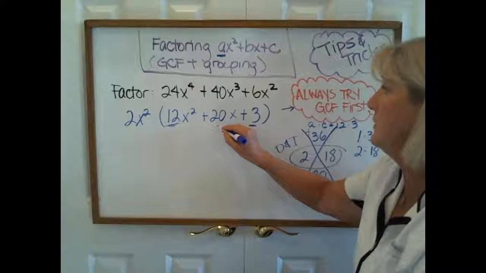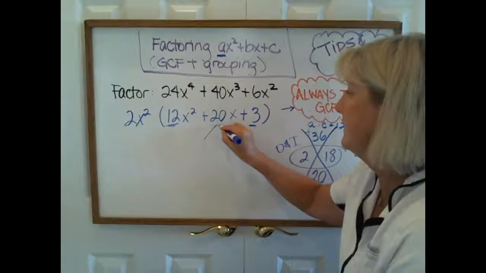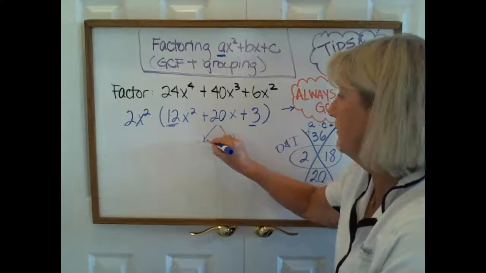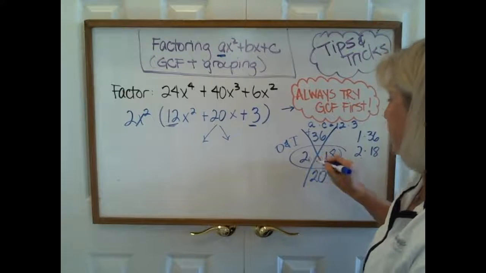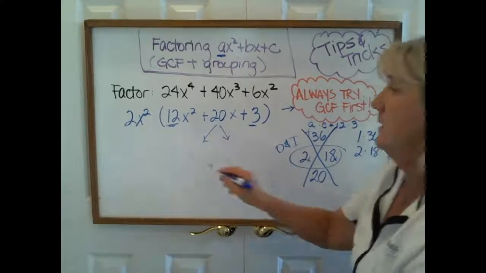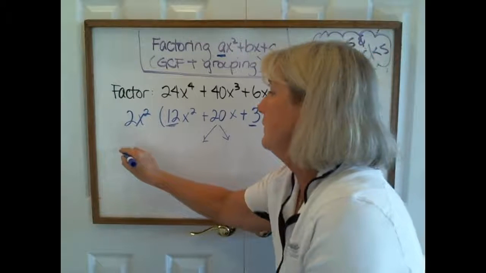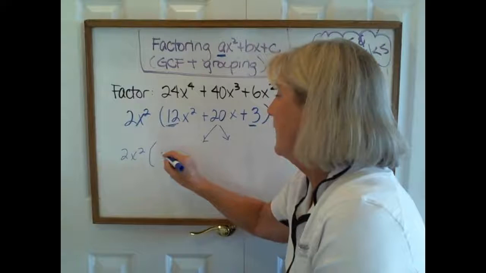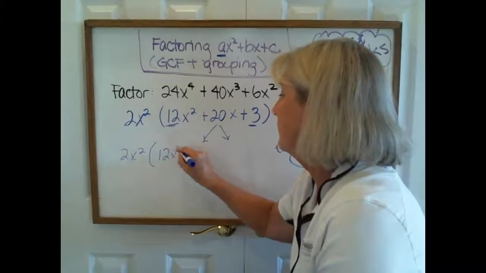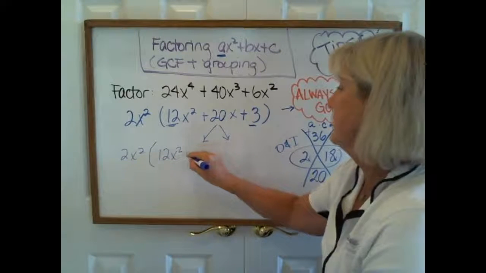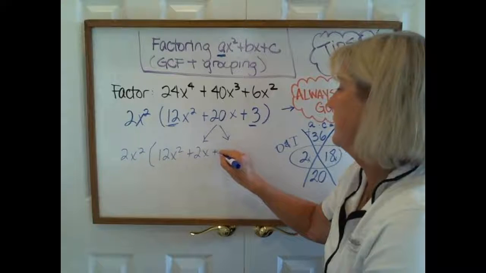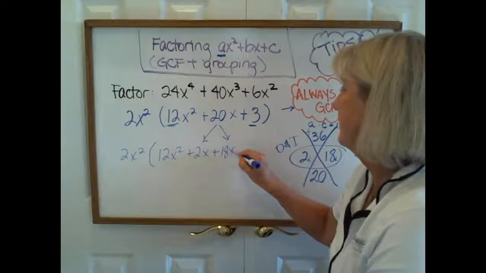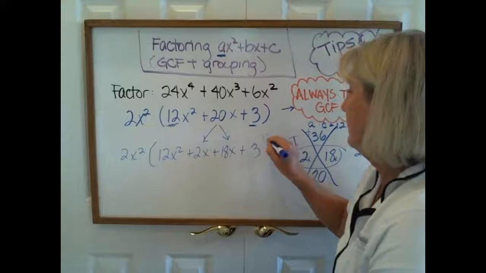So what we're going to do is we're going to split this middle term into 2x and 18x. So always bring this down. You have 2x squared, and then we're going to have 12x squared plus 2x plus 18x plus 3.